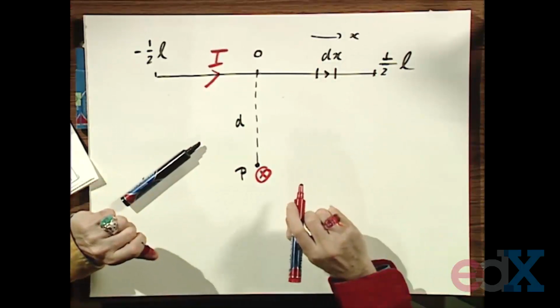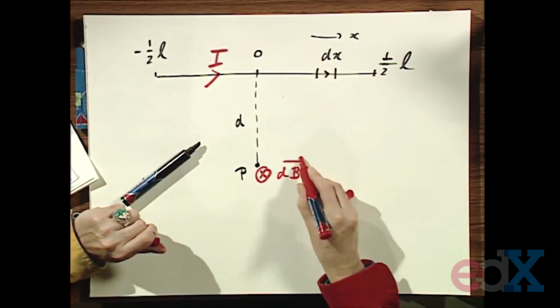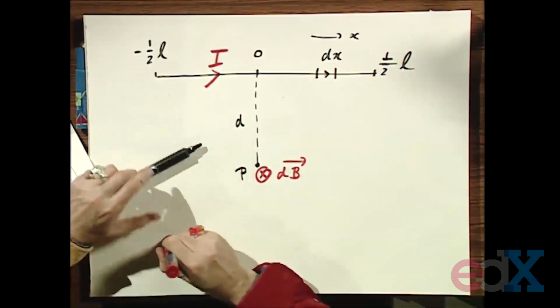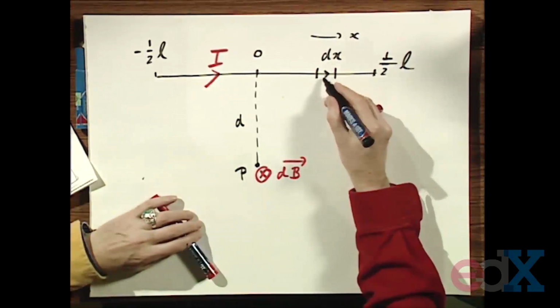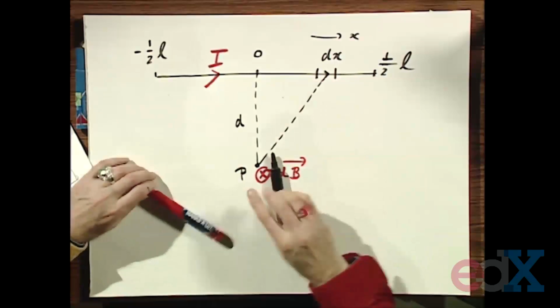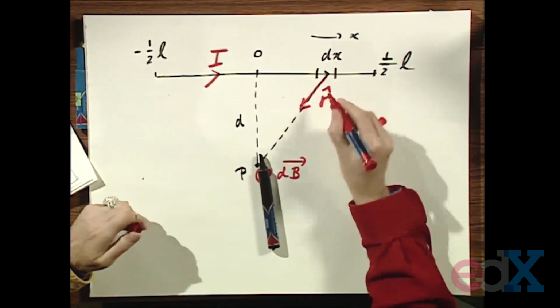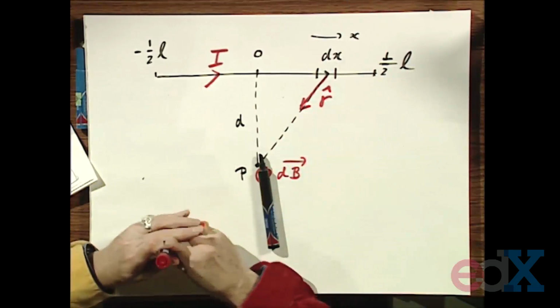That you should be able to figure out for yourself now. And there is a contribution dB. So I draw this line. This is that vector r, and the unit vector r is in this direction.